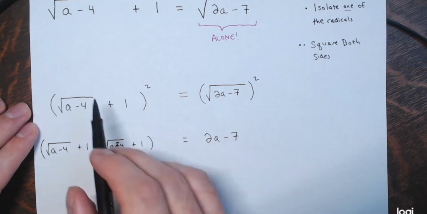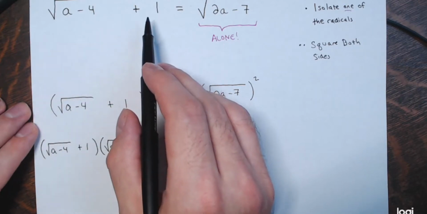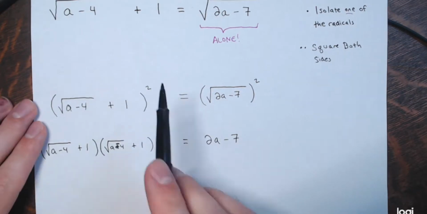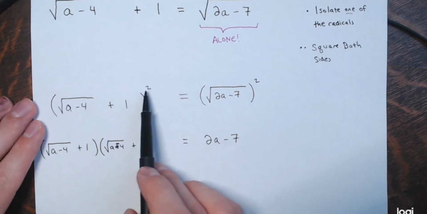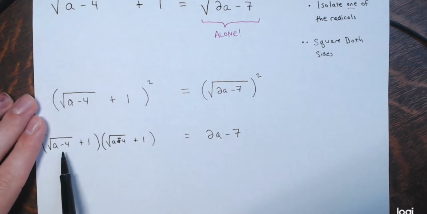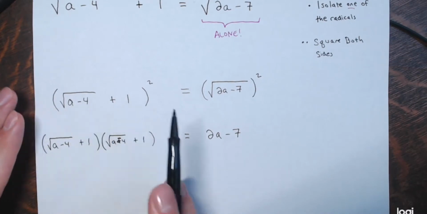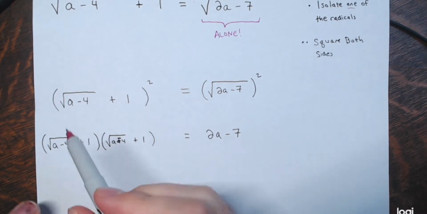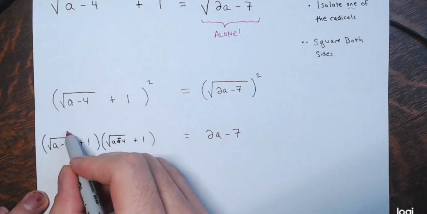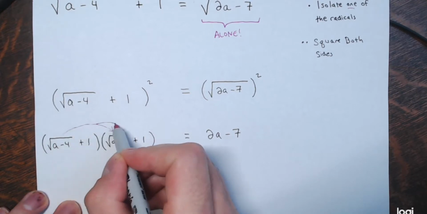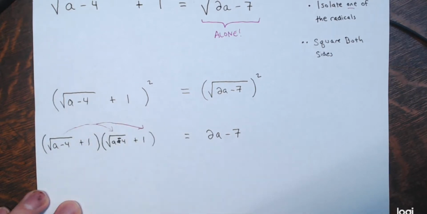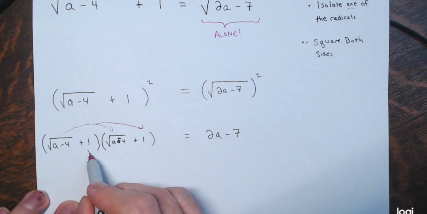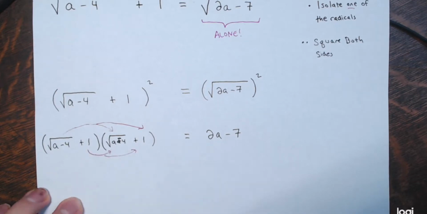You're taking that whole side, both terms, and multiplying it by itself. So please don't just square both terms. You're not just squaring this and squaring that and calling it a day. You're doing FOILing, you're doing distributing. So I take the square root of a minus 4 and distribute it to the other factor. And then I take 1 and distribute that, and we'll combine like radicals.